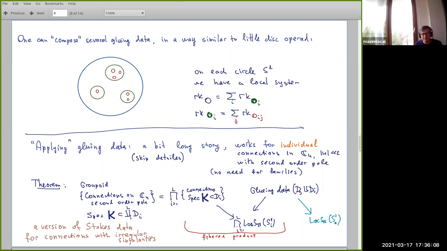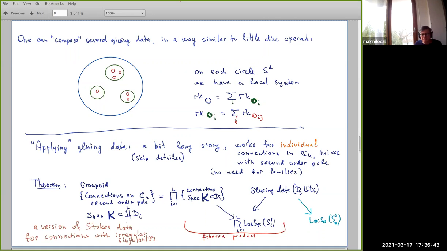You get connections for each disk, a connection of smaller rank with second order pole and spectrum contained in this di. This connection defines the local systems, because if you have a connection you can restrict to a little disk. It will be a local system in variable u, while here it's variable z, but it turns out it's the same connection.